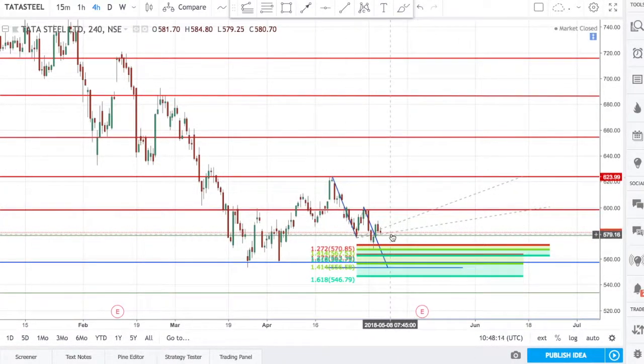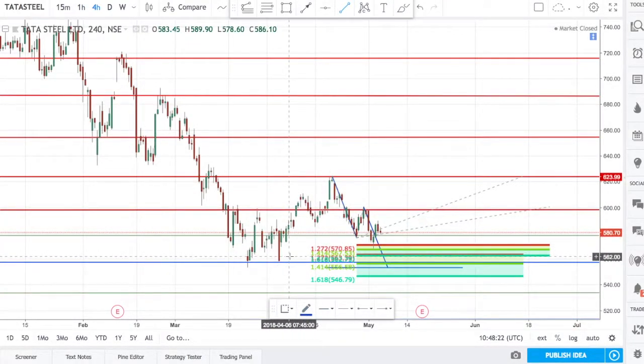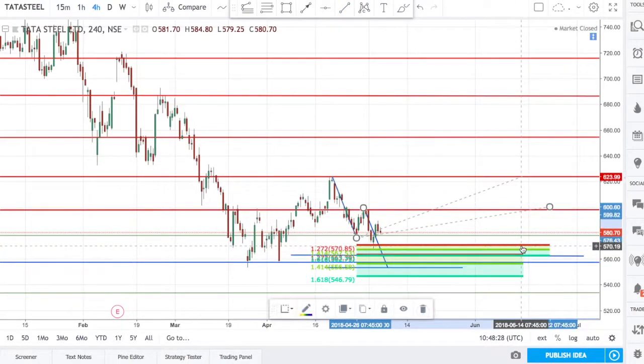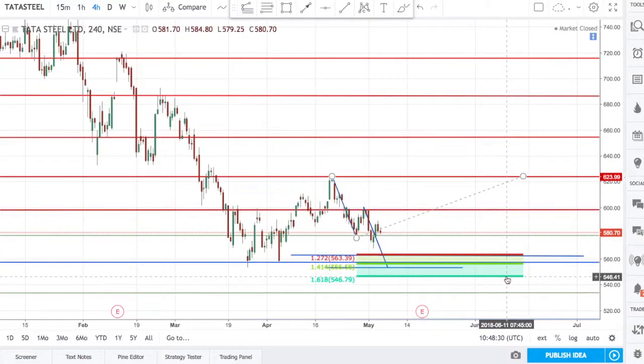As you can see here, we have a confluence at 1.272 and 1.618. So let's draw a line at that confluence point, and let's take these off.